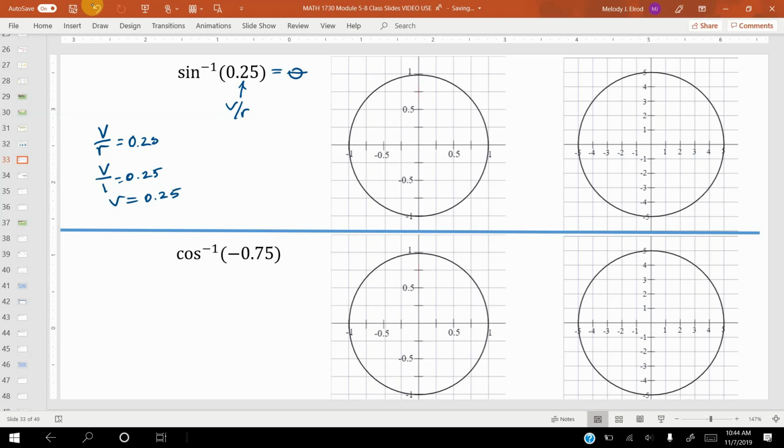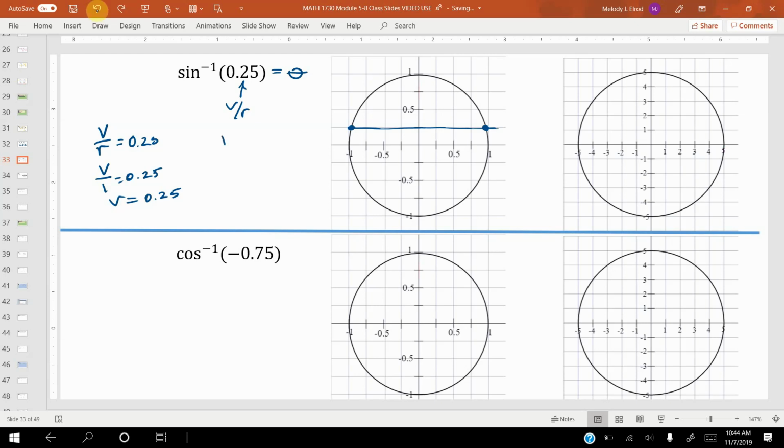Easy enough. So what we want to look for is all the places where the vertical distance above the horizontal diameter is positive 0.25. And if I run myself across here, I can find two places, one of them here and one of them here, where I have a vertical distance above the horizontal diameter of 0.25. Now, if I'm looking at that over here on this right-hand circle, that one has a radius of 5 rather than a radius of 1.